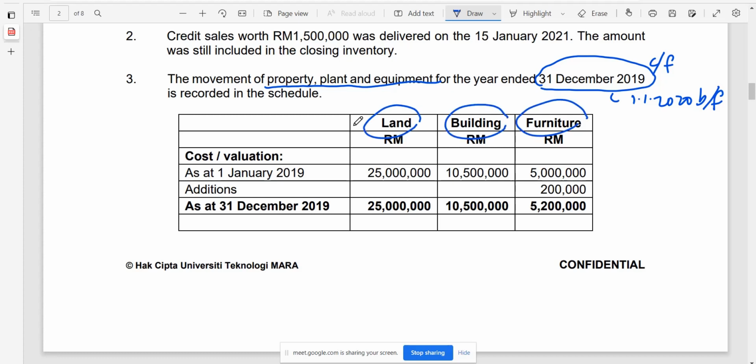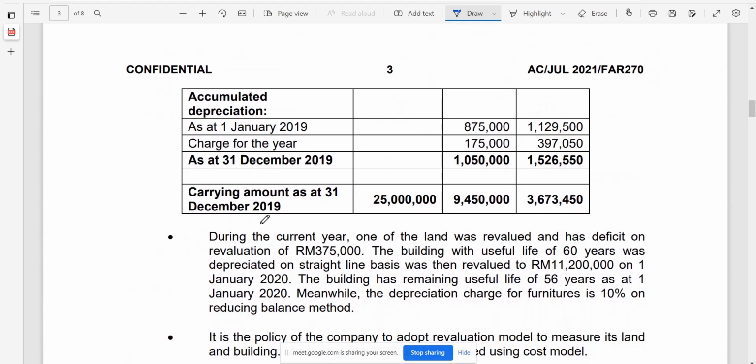And these are the costs of that item respectively, and valuation at the end of last year, beginning of this year. And the accumulated depreciation given here is for building and for furniture. There is no depreciation for land because it is a non-depreciable asset.